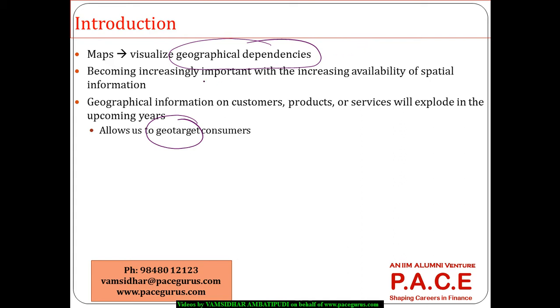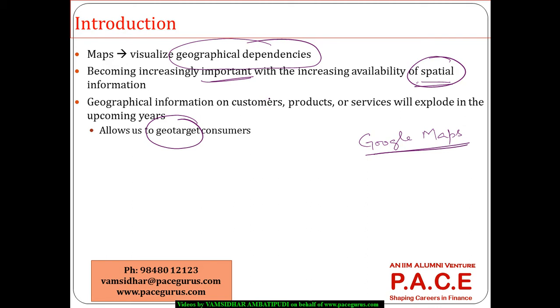So it's a very important tool today, wherein with the availability of spatial information, there are so many tools which are publishing the spatial information. And probably you could look at Google Earth or Google Maps, which are providing spatial related information for various activities, which means I can very comfortably do analytics based on the spatial information that is available.